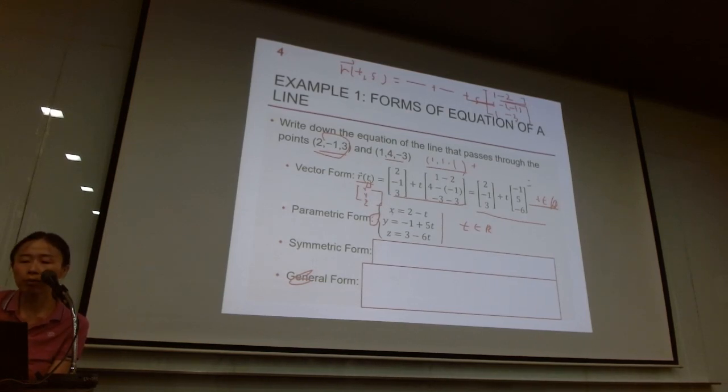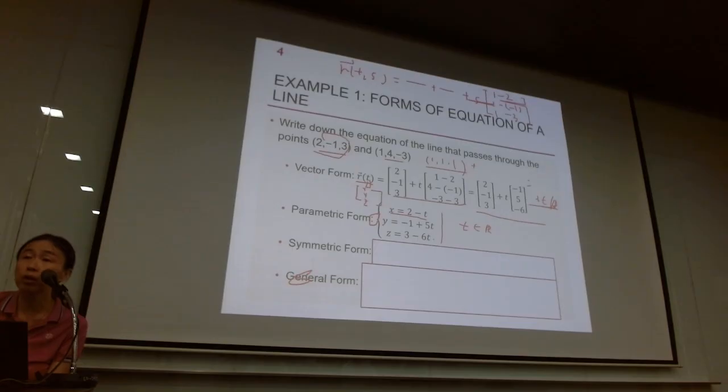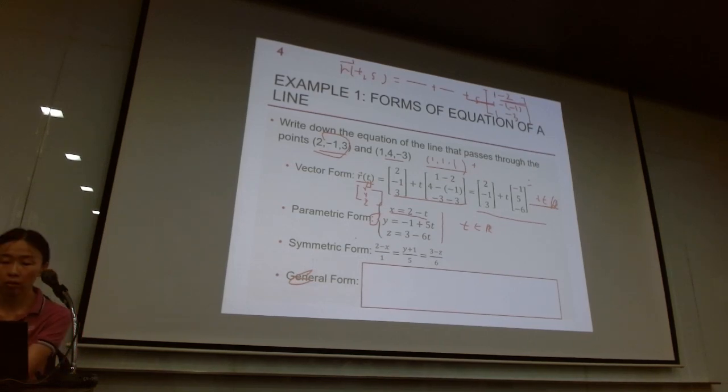So please rewrite every equation that is related to t. The first one, t equals what? 2 minus x, actually divided by 1. The second one, t equals y plus 1 divided by 5. So you get a t equation here, here and here, then all of them are equal. This is the symmetric form. Any question?